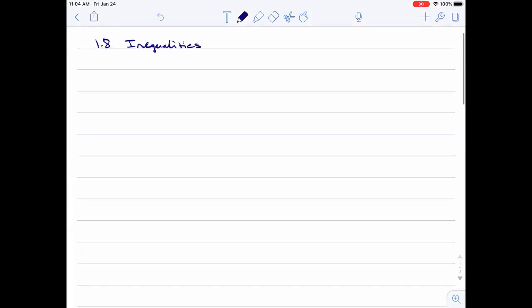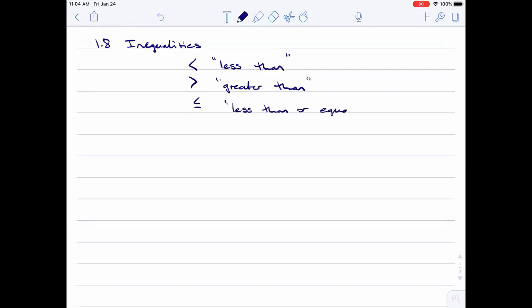So this is less than, greater than, less than or equal to, and we know these. Less than or equal to, greater than or equal to.